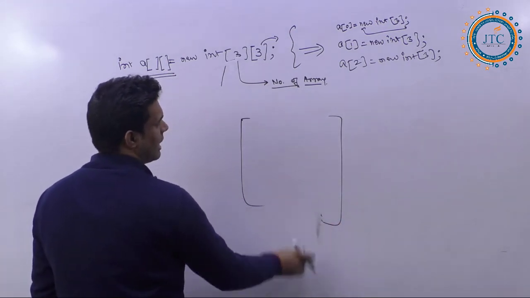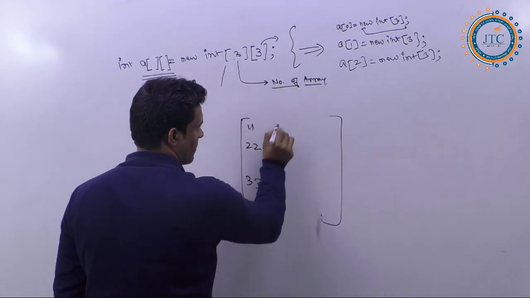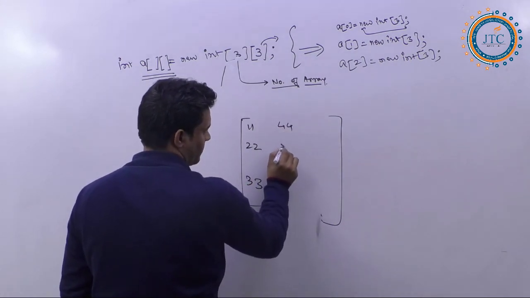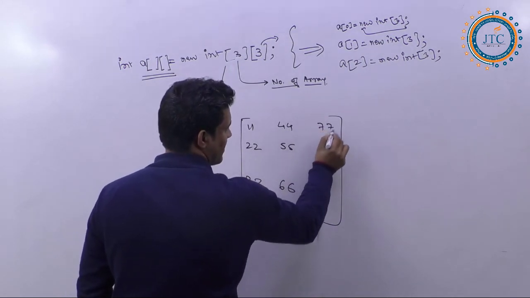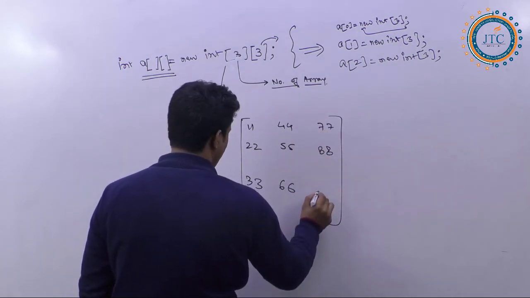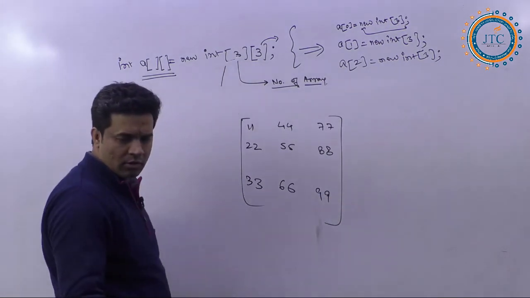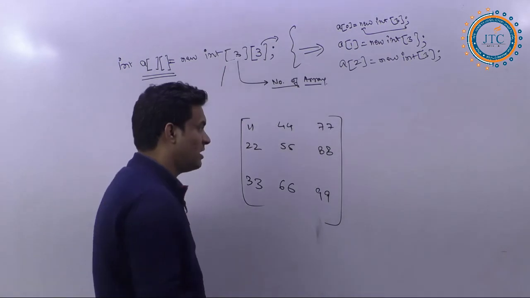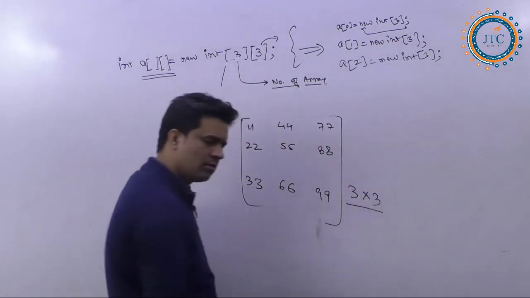Say here, 1, 1, 2, 2, 3, 3, 4, 4, 5, 5, 6, 6, 7, 7, 8, 8 and 9, 9. We are calling this a 3 by 3 matrix, correct?